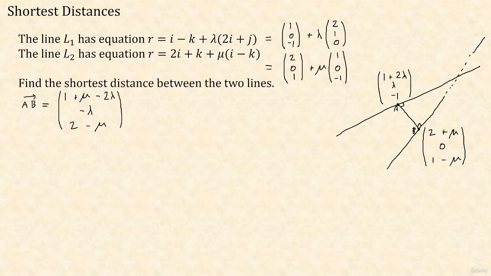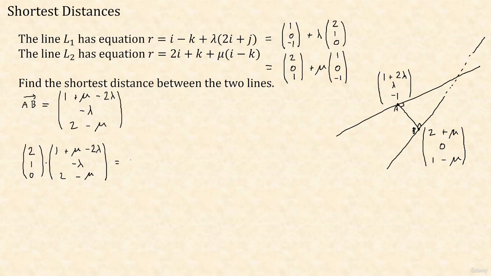So what I need to do now is this vector AB dotted with each of the direction vectors here and set them both equal to 0 because it's perpendicular to L1 and it's perpendicular to L2. So if I first do this with L1, I'll take the direction vector of L1, which is 2, 1, 0, and I'll dot that with 1 plus mu minus 2 lambda, minus lambda, 2 minus mu. So let's just expand that.